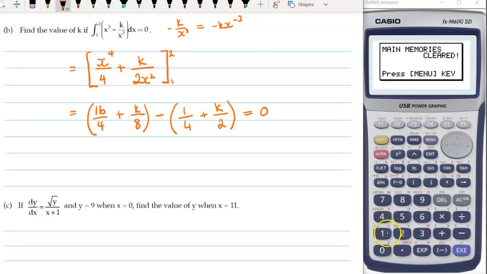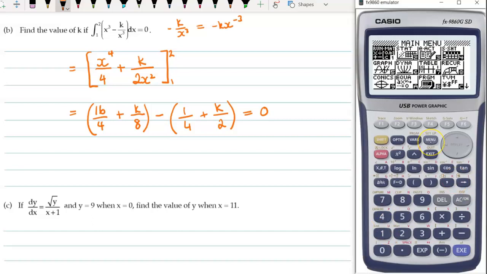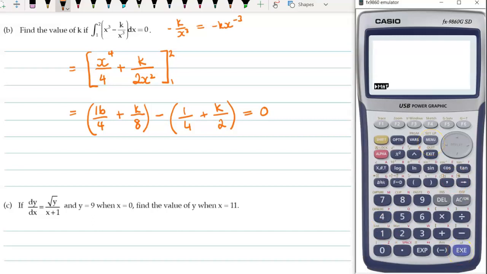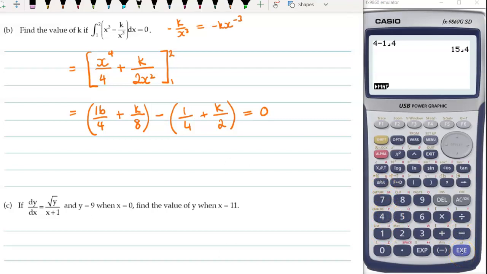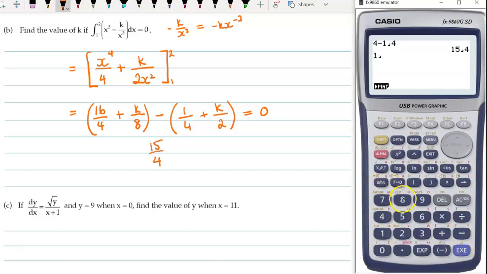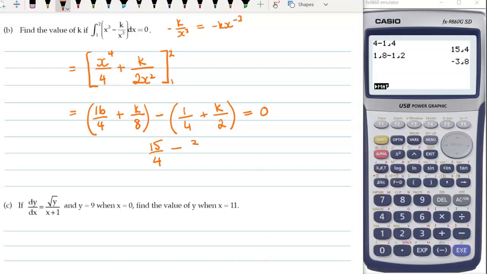Okay, so if I do 16 over 4, that's 4. And let's just go over here. We'll have 4 minus a quarter gives us 15 over 4. We have 1/8 of k minus a half of k, which is minus 3/8 of k, and that's equal to 0.